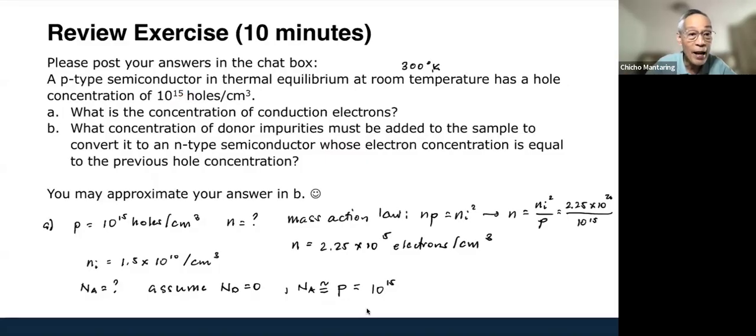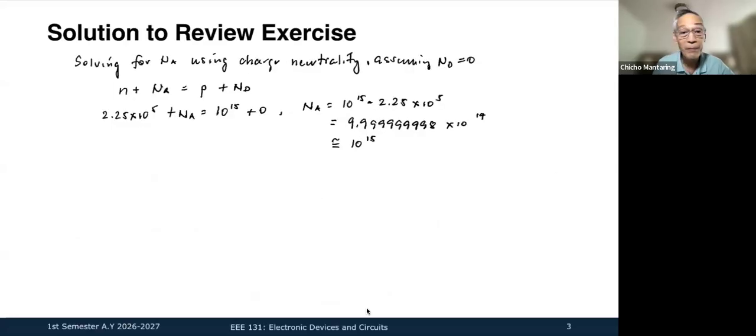Gusto ko siyang maging N-type na yung electron concentration is 10 to the 15. In other words, parang nag-sex change siya, no? Mula lalaki, ginawa mong babae. From 10 to the 15, let's say yun yung testosterone niya dati, 10 to the 15 ngayon yung estrogen ngayon. If you get the analogy.